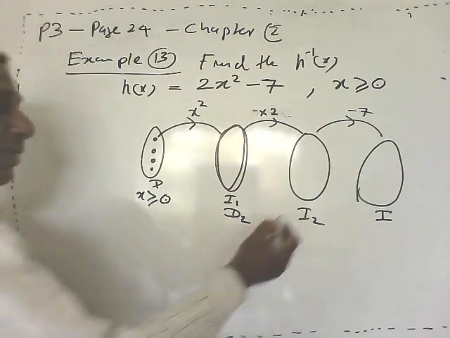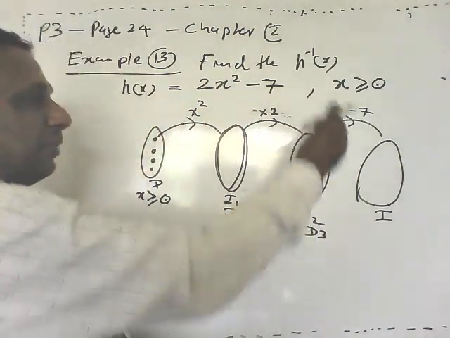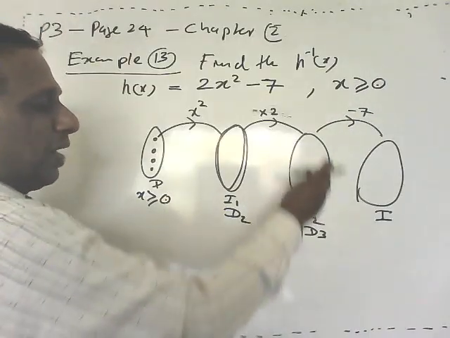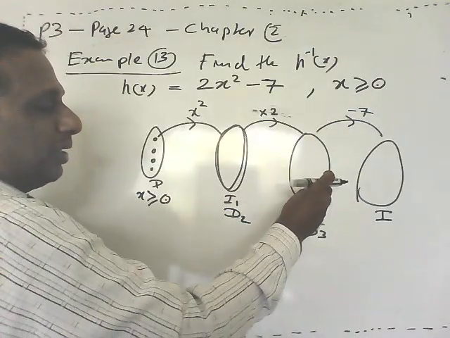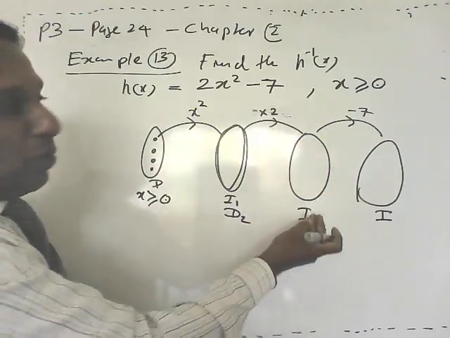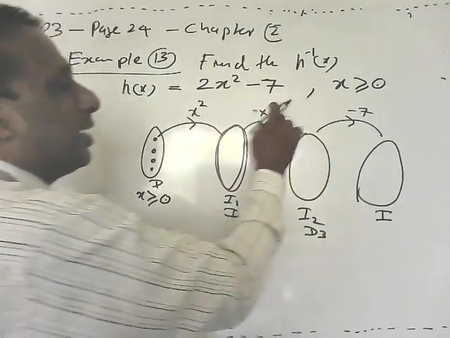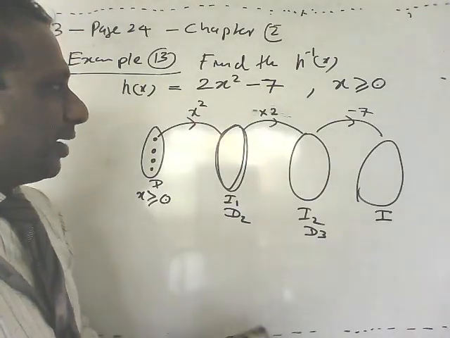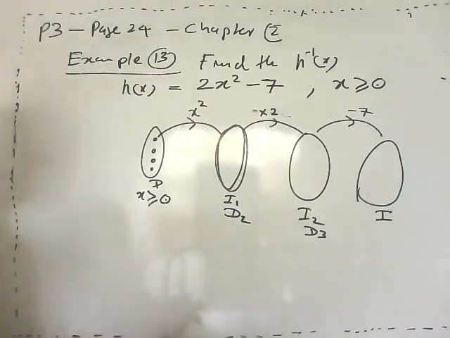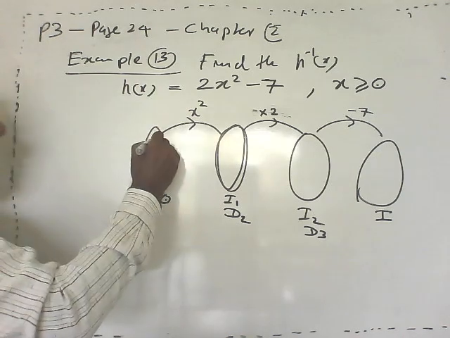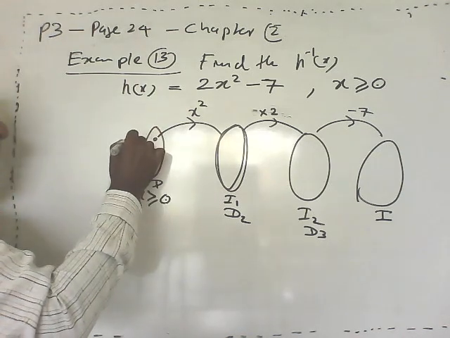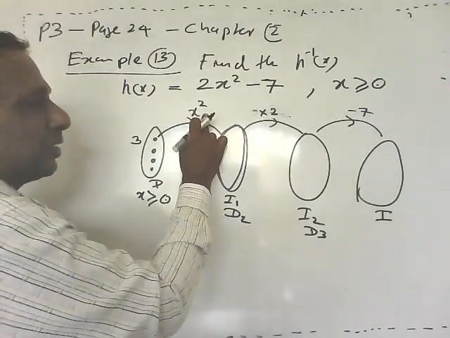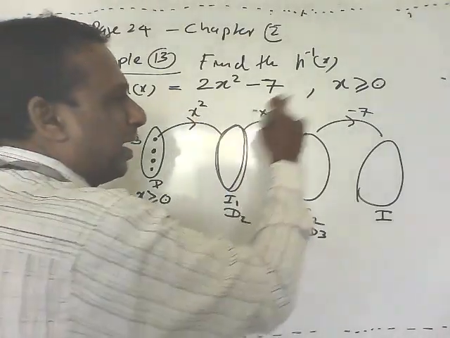When you are operating this, whatever the output values are behave as the domain for the next function. So actually there are 3 functions combined here. Now if someone took a value like 3, it is going to get squared, multiplied by 2 and minus 7.